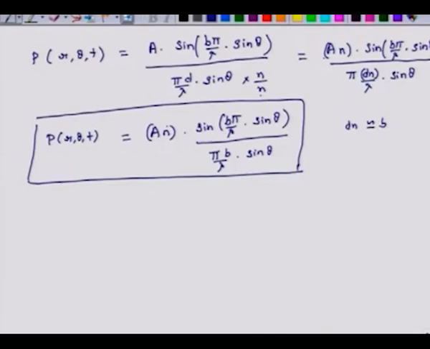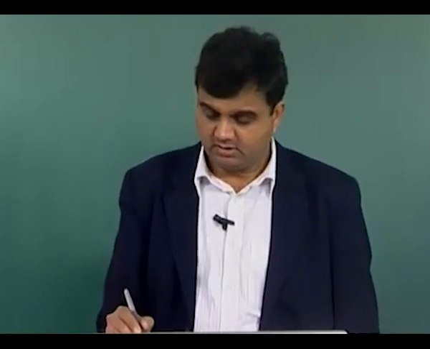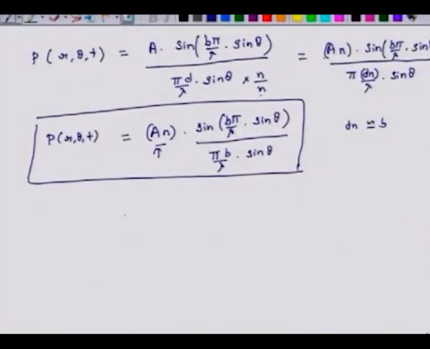That essentially defines that the overall maximum possible pressure in the field will be determined by this term. So, I can rewrite this equation as P(r, theta, t) equals some constant or some radius dependent number P naught times sin(b pi over lambda times sin theta) divided by (pi b over lambda times sin theta).